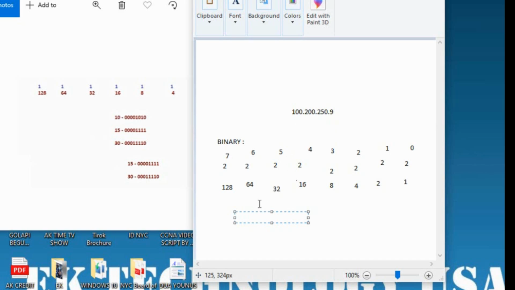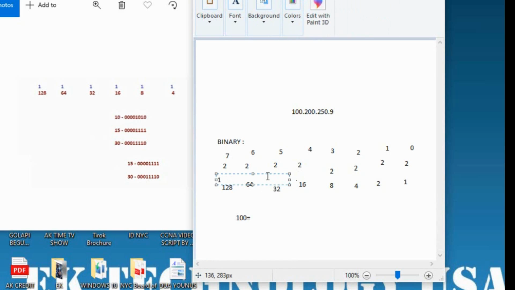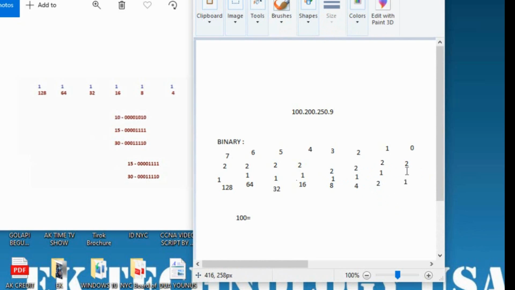How are we going to get the binary of 100? To make it easier for you, I put a 1 under each position. These all have a value, so that's only 1 bit each.